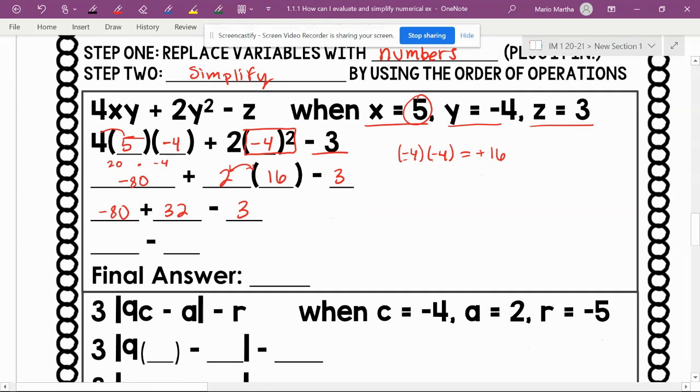And then my last step would be just to simplify from left to right, negative 80 plus 32, that gives you guys negative 48, and then minus 3. And then when you have two negative numbers, you add them up and you keep the negative, so that would be negative 51 for my final answer.